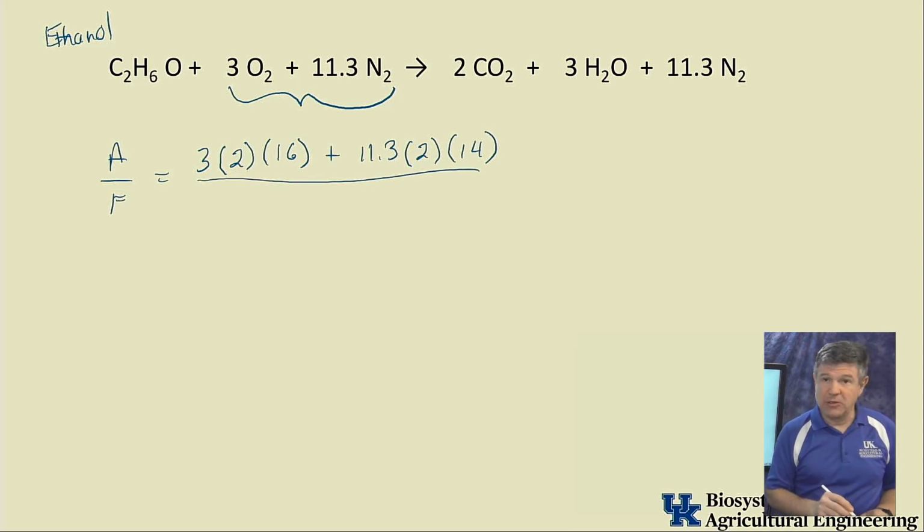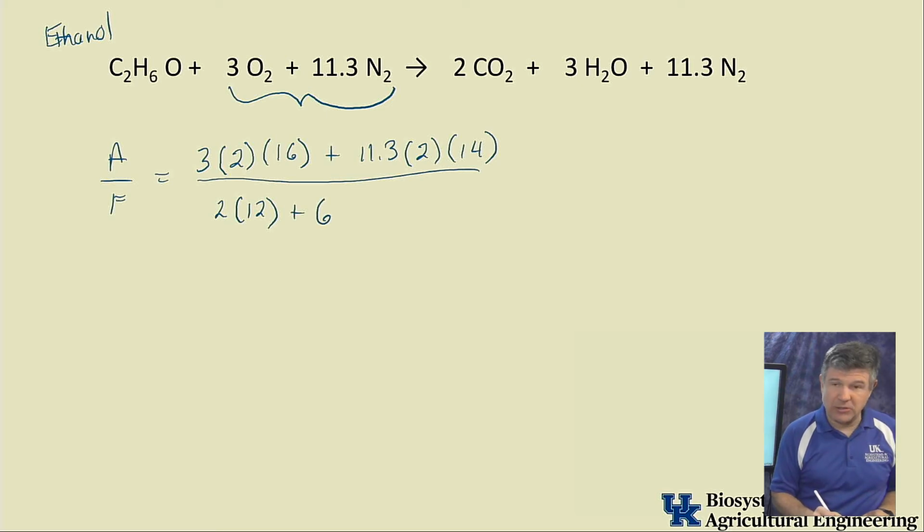The fuel is a C2H6O, so I have in that 2 carbon atoms. Each carbon atom has an atomic weight of 12, so 2 times 12, plus I have 6 hydrogen atoms. Each one of those weighs 1, so I'll put that down like that.